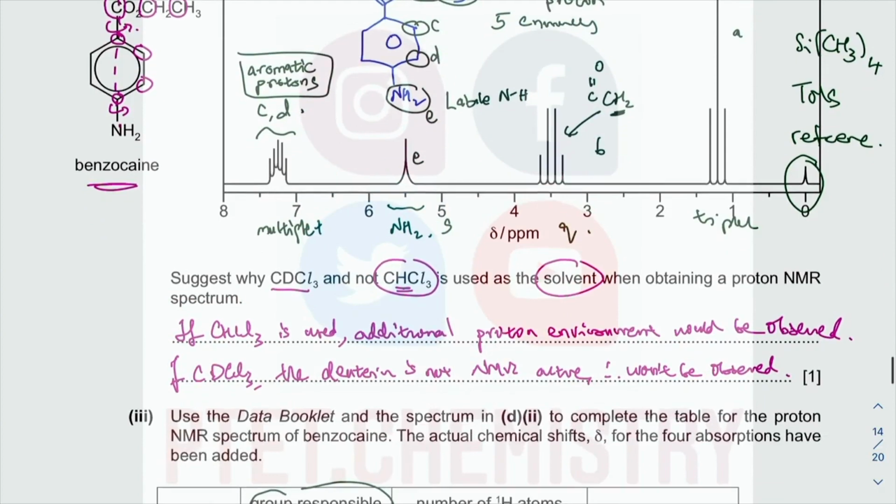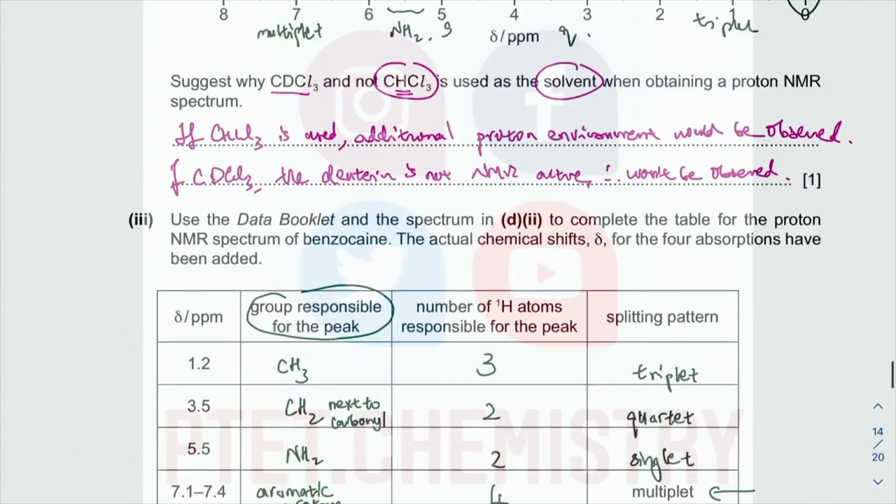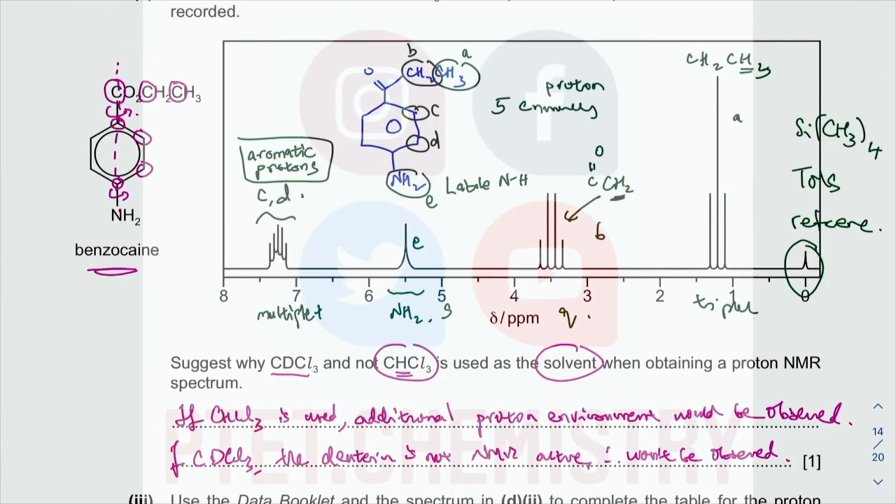Okay. So explain the splitting pattern for the absorption at 1.2 ppm. As I mentioned earlier, the splitting pattern is a triplet. That means it's for CH3.